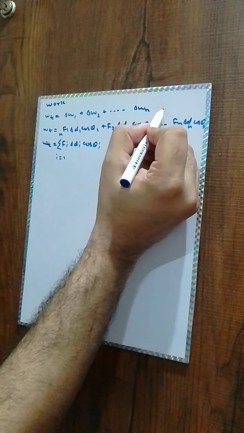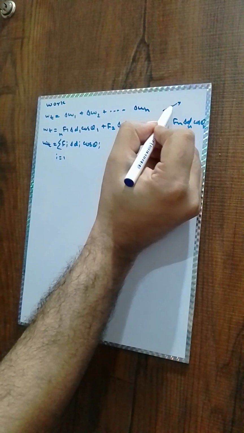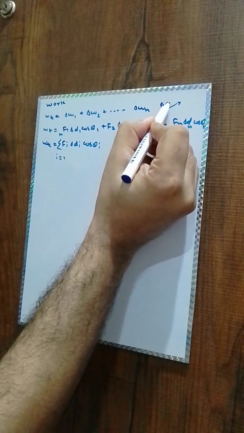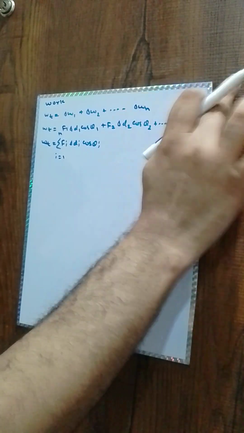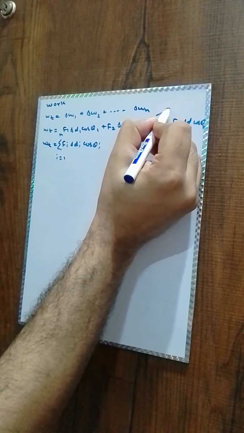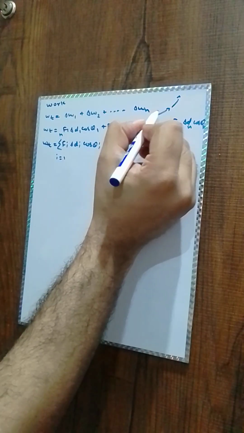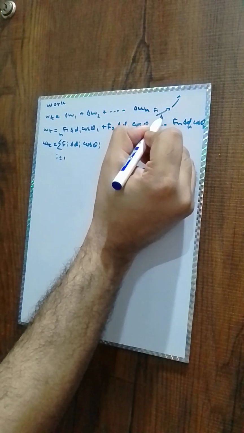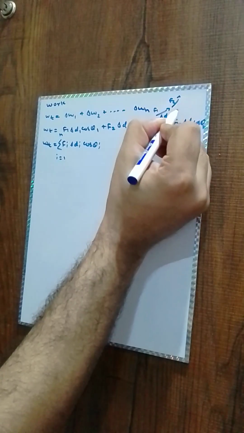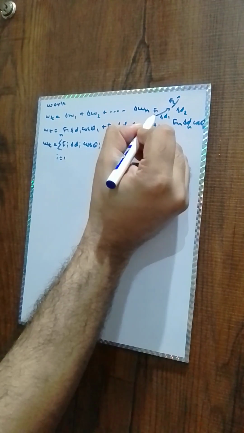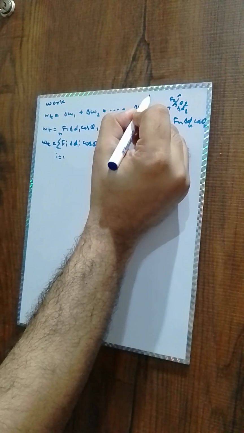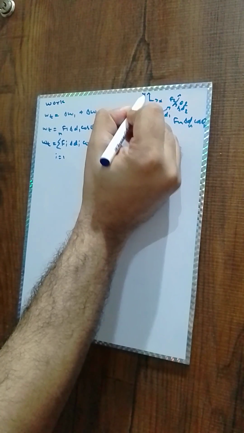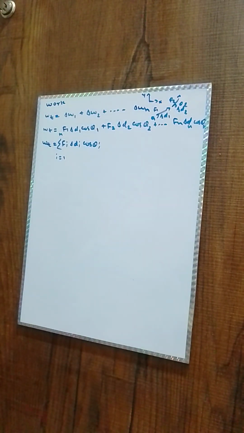And the example is f1 delta d1, for example, f2 delta d2, and here we make theta 1 and here we make theta 2, and basically here's the xy plane.